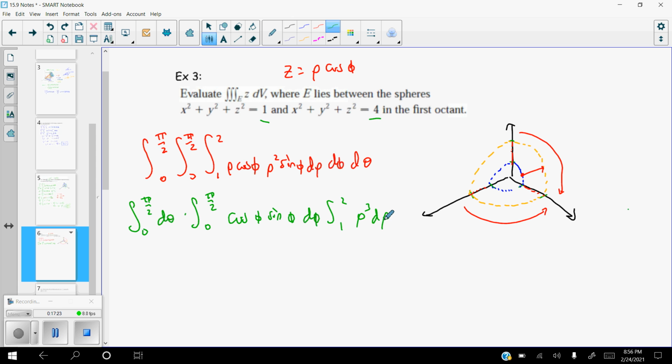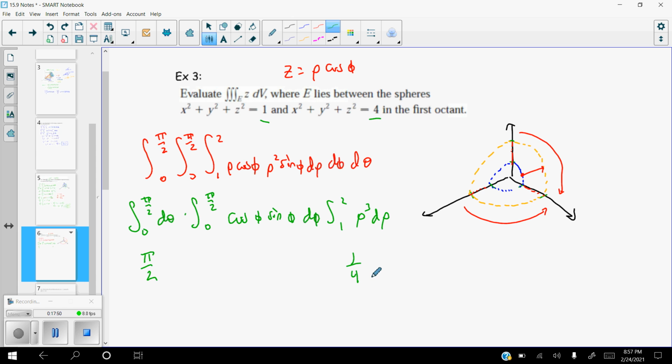So once again, the first part and the last part are not going to be difficult. Now in this case, for theta, we're only going from 0 to pi halves. So I'm sure you've probably guessed it. Instead of 2 pi, that's going to be pi halves. So that part will be easy. And if for whatever reason you're not getting the gist of that one, take the antiderivative, you would get theta, plug in pi halves and 0, you would still get pi halves.